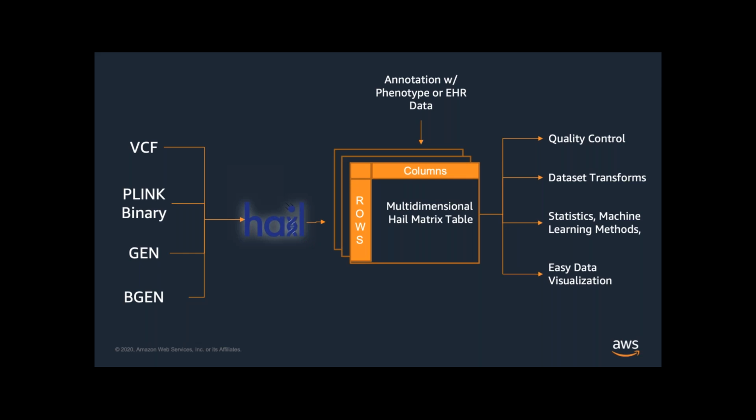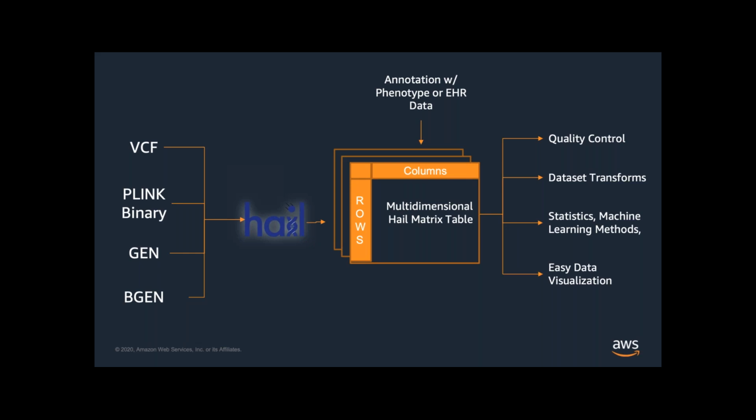So that could be phenotypes, it could be EHR data. That data can be super complex. And we've even seen teams pull in multiple single cell RNA sequences from patients and compile those on top of each other in this multi-dimensional analysis in the HAIL matrix table. So it allows for really complex data formats to be analyzed at once.